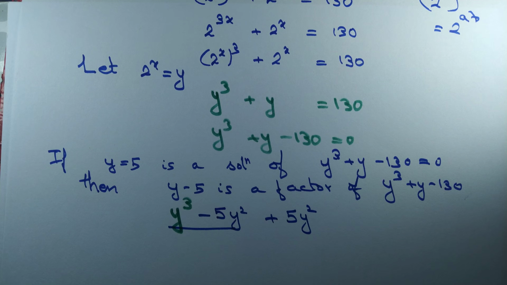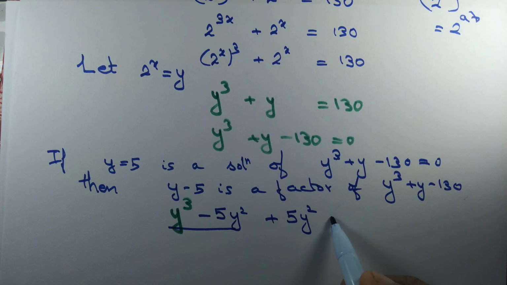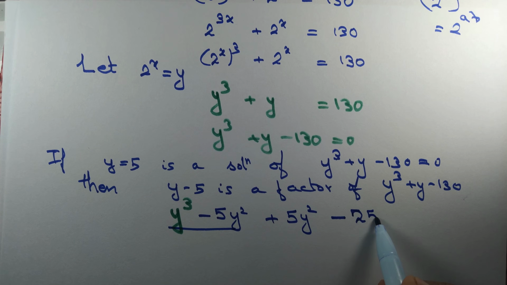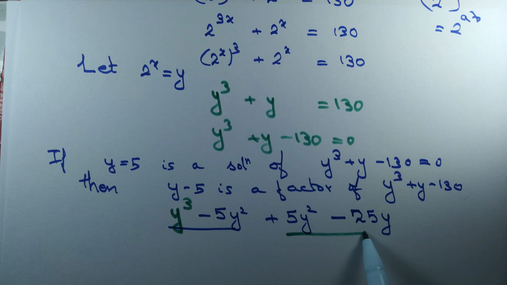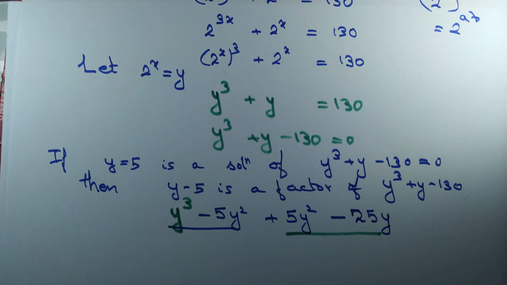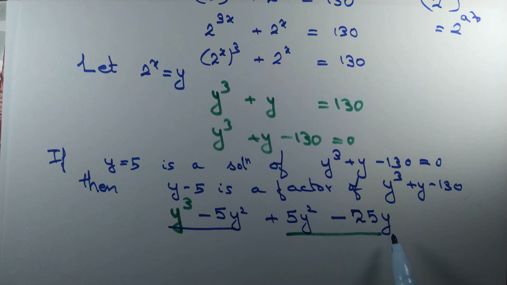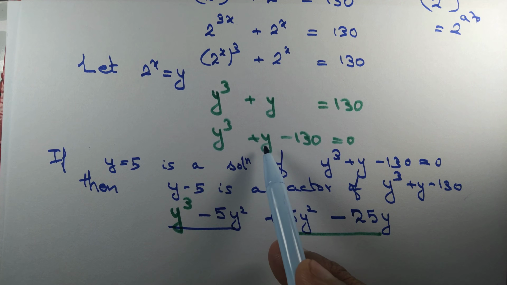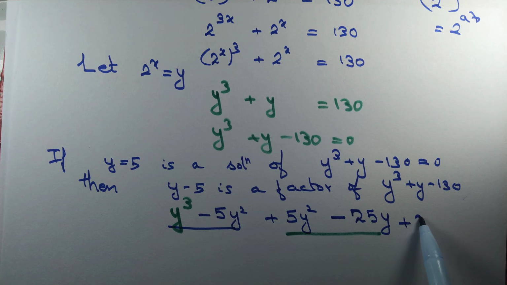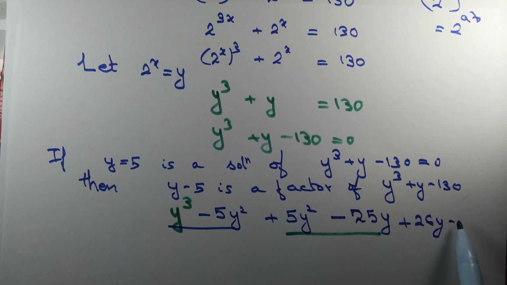Again, we want y minus 5 as a factor. So we write minus 5 into 5 is 25, 25 y. So you'll get once again y minus 5 as a factor here. But when I write minus 25y, I want plus y, so I have to write plus 26y minus 130 as it is equal to 0.